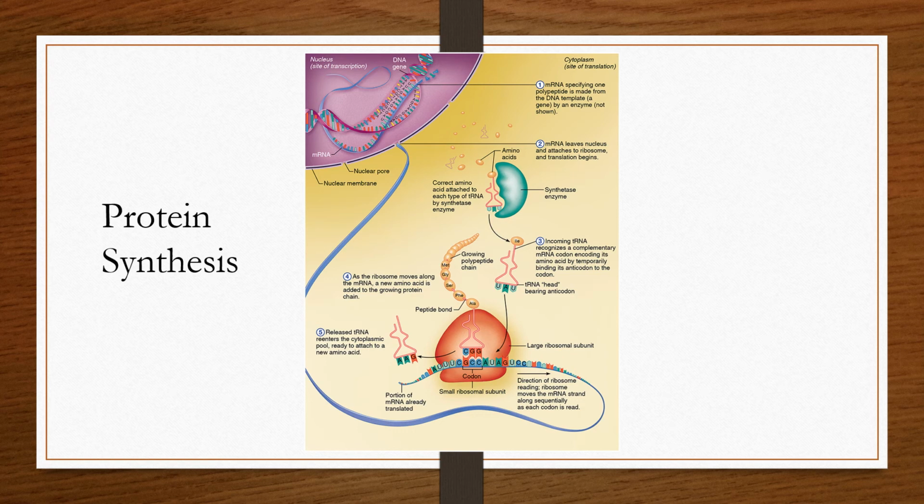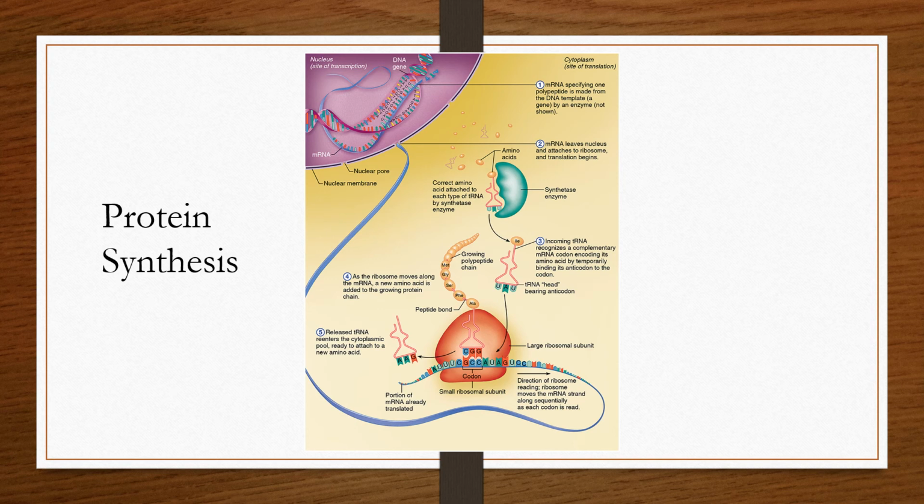Once the tRNA delivers its amino acid in the correct position at the beginning of the mRNA message, the ribosome moves along the mRNA strand, bringing the next codon into position to be read by another tRNA.